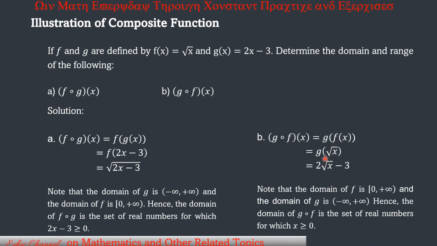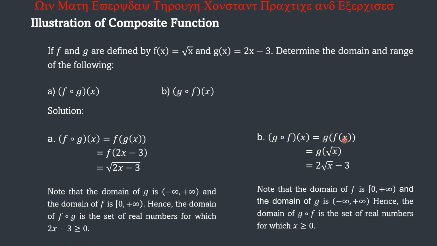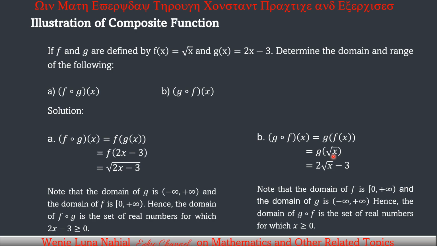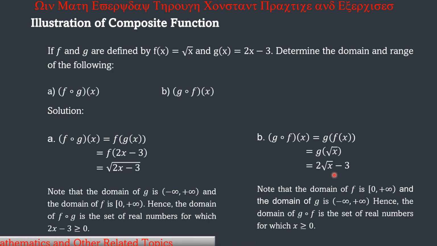Then for the other one, g circle f of x, we have g of f of x. So f of x is the square root of x, because this square root of x is the definition of function f. And then have this one as input to function g. So you have 2 times the square root of x minus 3.